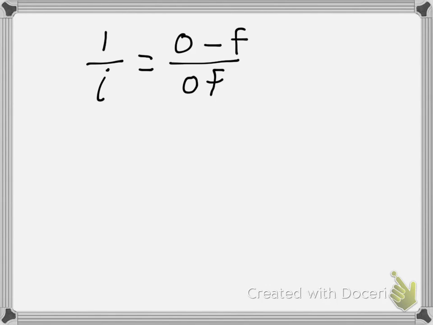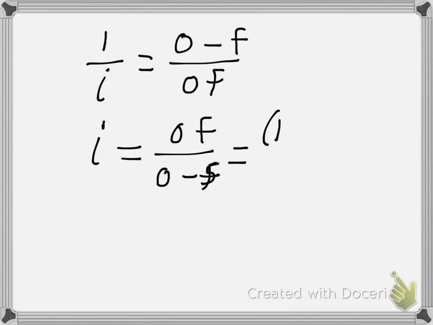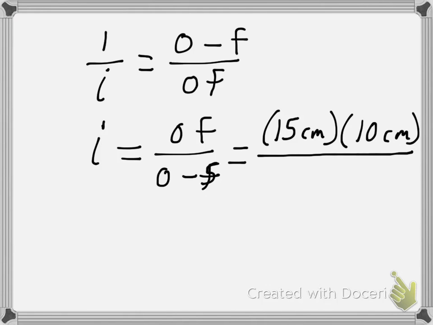Now I can take the reciprocal of both sides, or in other words, just flip them over. So I is going to be equal to OF over O minus F. Whoop. So this is going to equal 15 centimeters times 10 centimeters divided by 15 centimeters minus 5, or minus 10. I'm jumping the gun just a little bit.